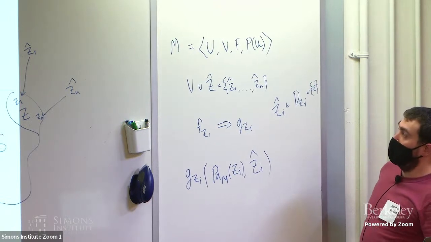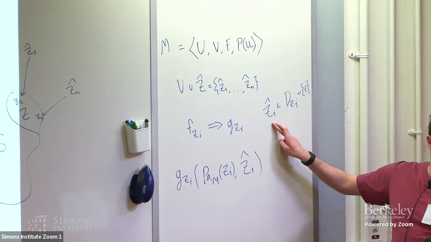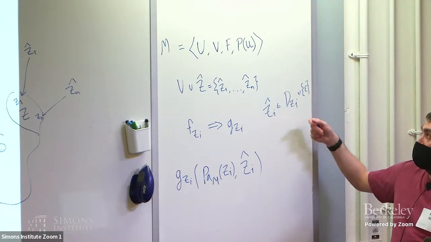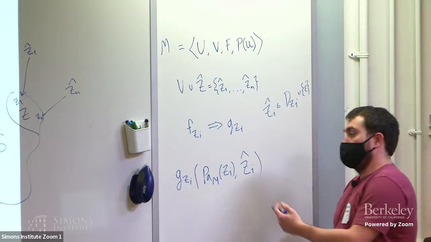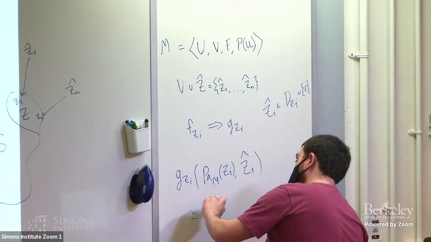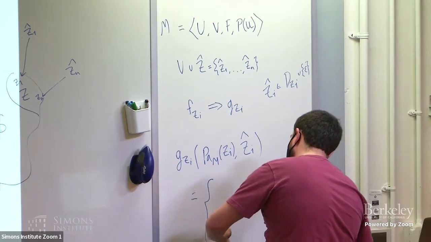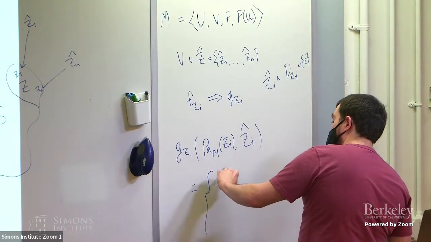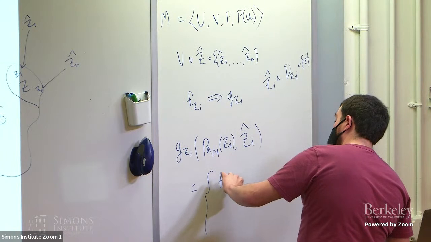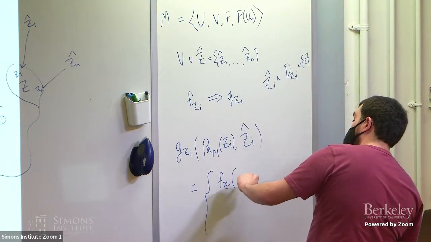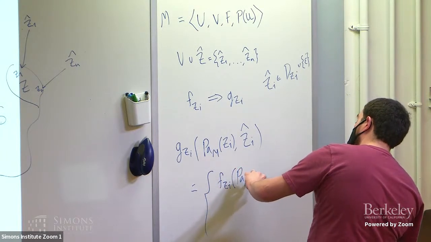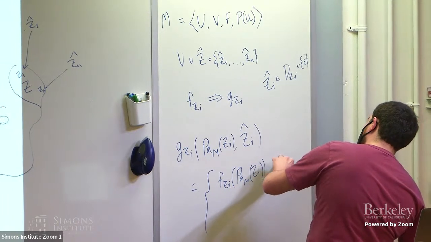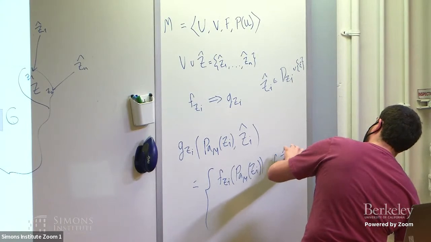And the idea behind this is we're going to use zi hat to control whether or not we're intervening on zi. So the value of g of zi will be just f of zi if zi hat is equal to epsilon.